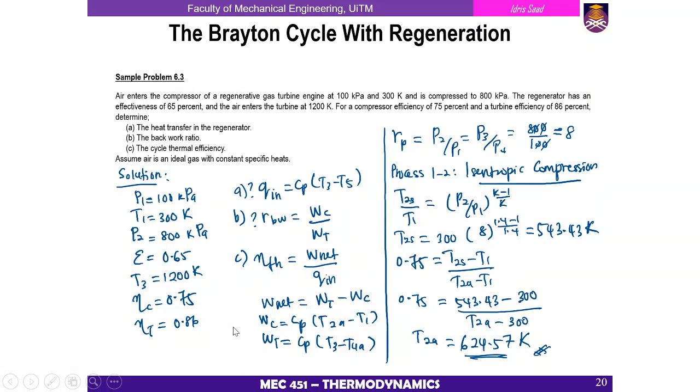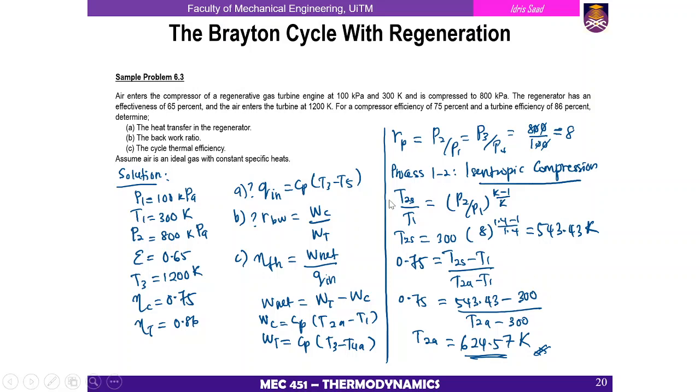So this is the formula involved in this question. Okay, bear in mind, come back to the normal procedure in order to solve this question. So we must determine each point, the temperature and also the pressure.